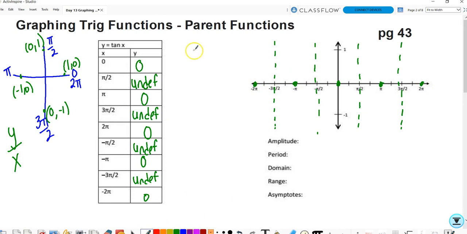So let's think about one other nice angle for tangent. If we think about pi over 4 with that special right triangle, what does tangent of pi over 4 equal? That's 1. So here at pi over 4, I have a y value of 1. But now what about down here at negative pi over 4?